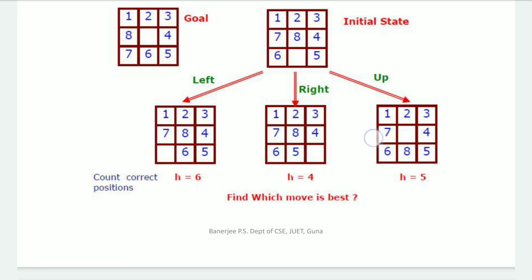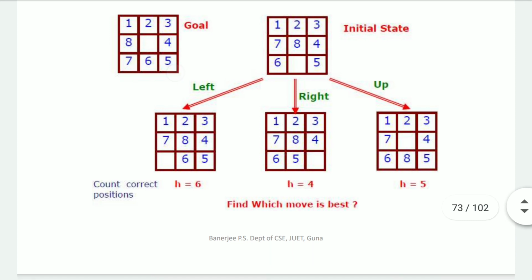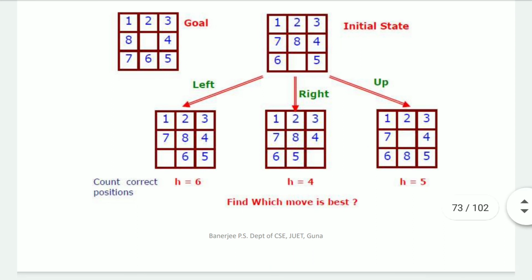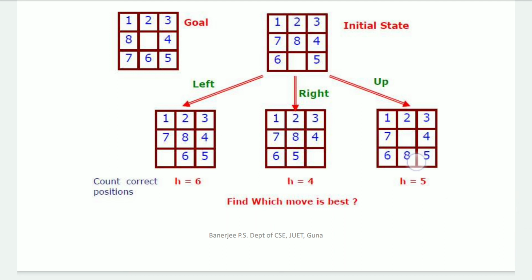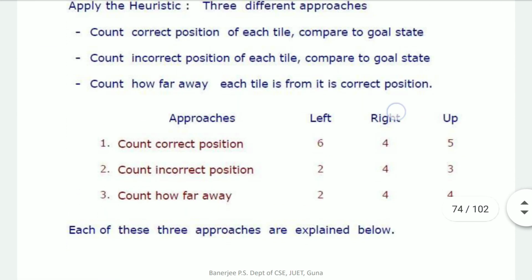I'll be comparing the position of 7, 6 and 8 with this 7, 6 and 8. So 7 is how far away from its destination position? It is 1 place away. 6 is also 1 place away and 8 is 2 places away. So 1 plus 1 plus 2 is 4.